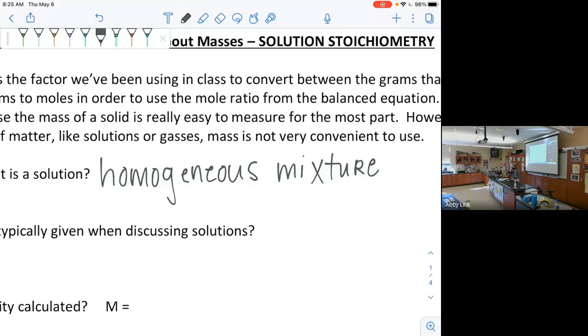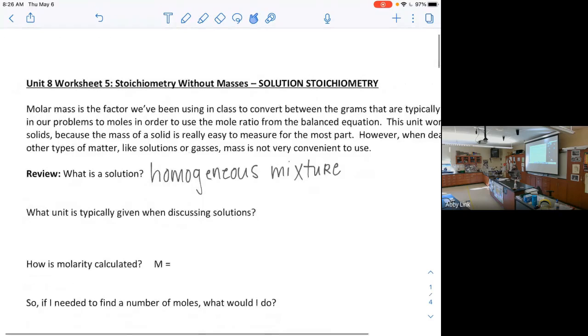So it's like when you take salt and dissolve that into water. If you only put a little bit of salt in, you're going to be able to dissolve all of that salt. So you'll have salt water, but you won't be able to see those 2 components separating out. Okay, and that's what we mean by a homogeneous mixture.